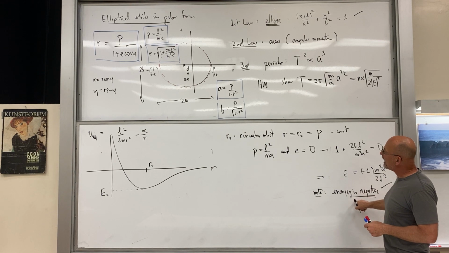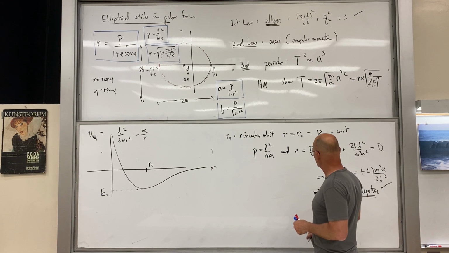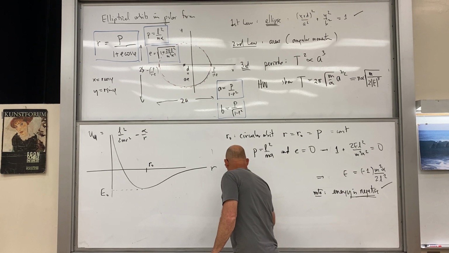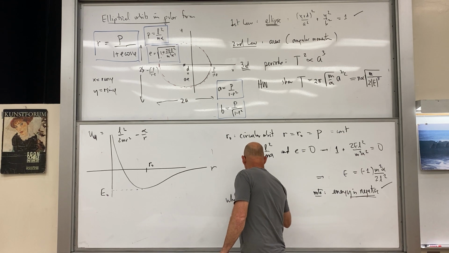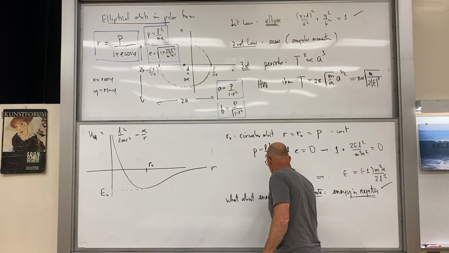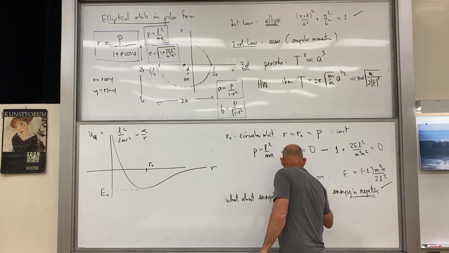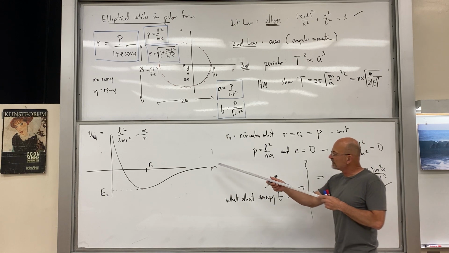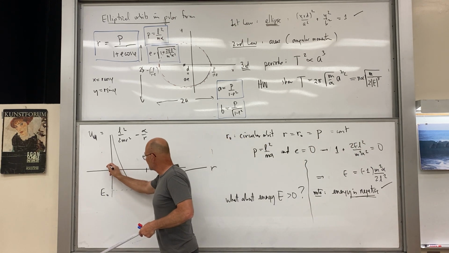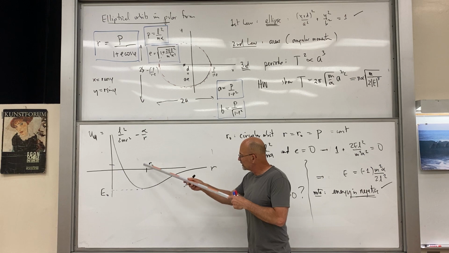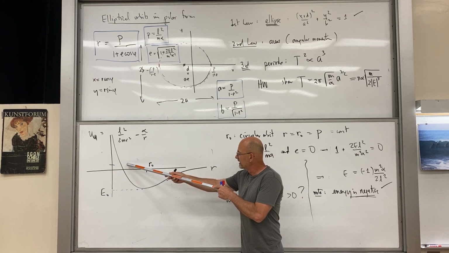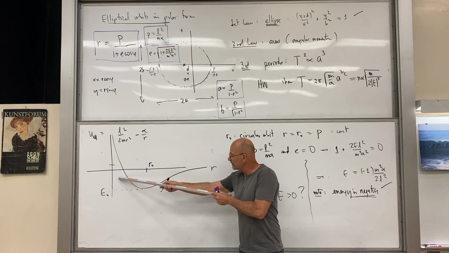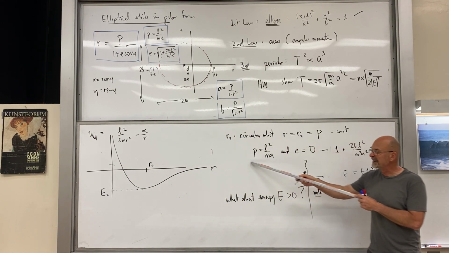Now, what about positive energies? Let's put that right here. What about energies E greater than 0? Well, if E is greater than 0, somewhere here, then we don't have a bounded orbit. Then we'll have an orbit that comes out from infinity, reaches this minimum position, and goes back out to infinity.